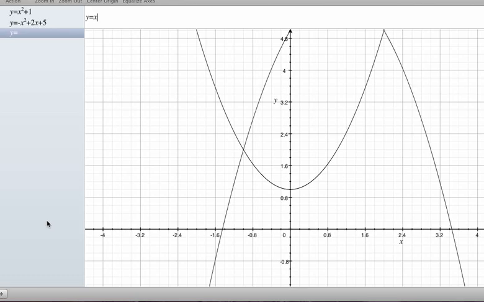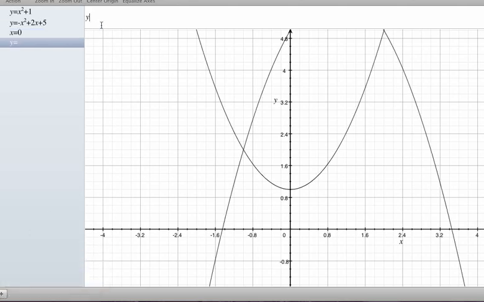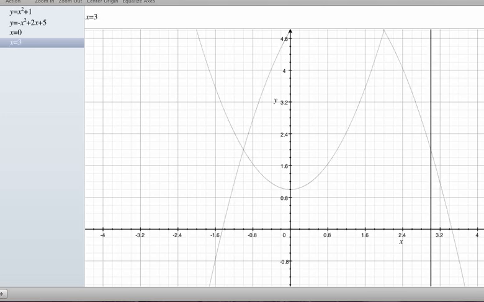And then I'm going to have x equals 0. And finally I'm going to have x equals 3. And I'm going to want to zoom out on this thing.